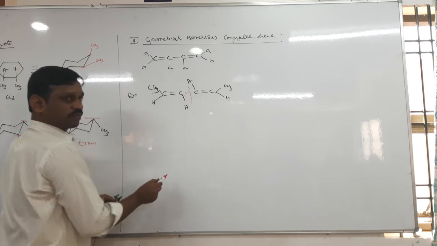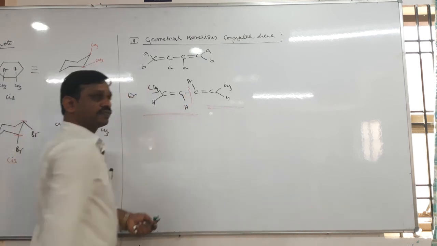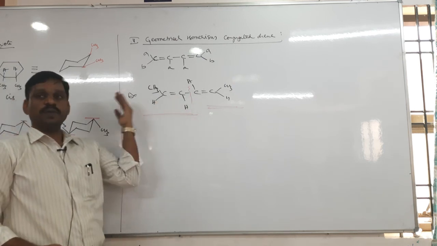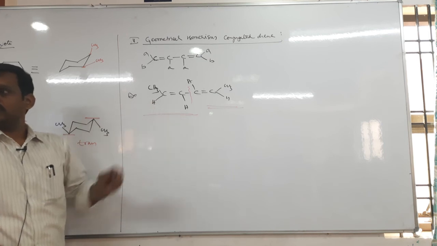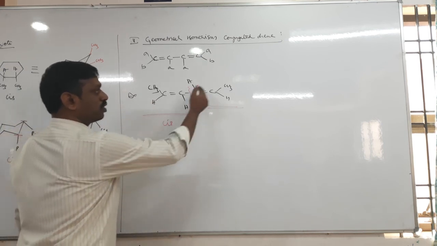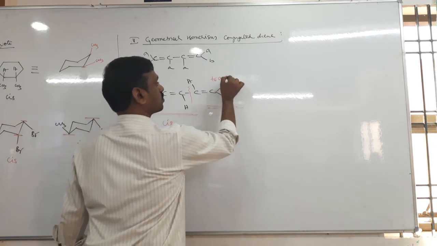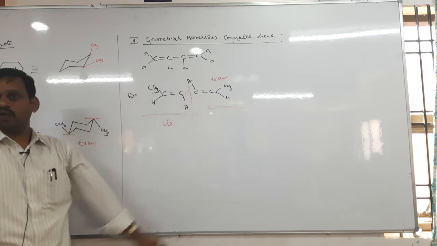This is one part and this is another part. What about the first part? Cis, two identical groups on the same side. What about this part? Trans. So we should take cis and trans separately, in two parts.